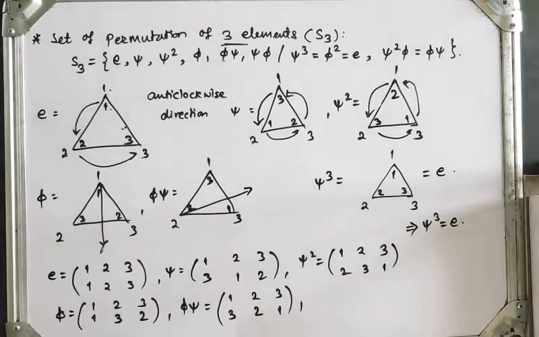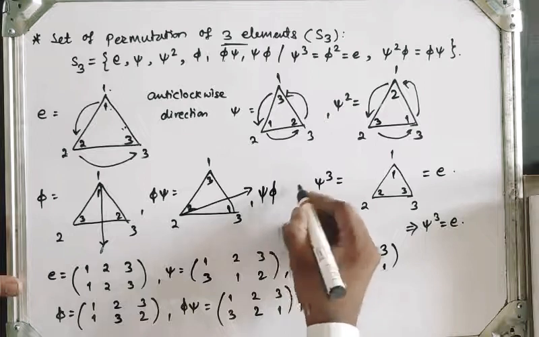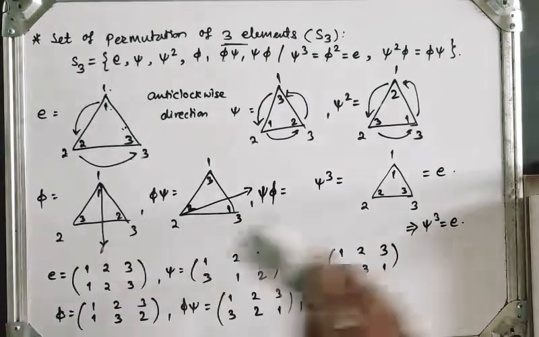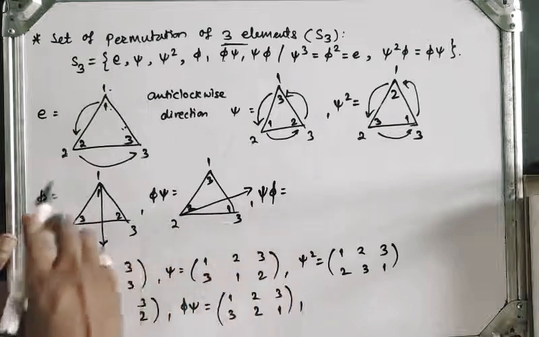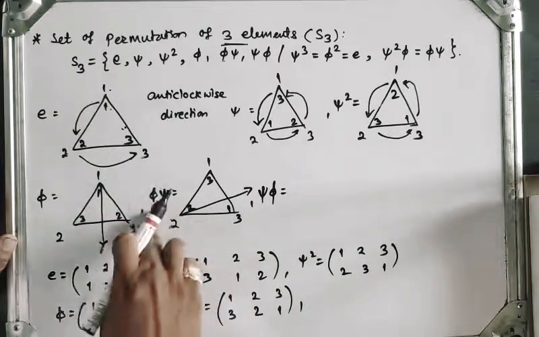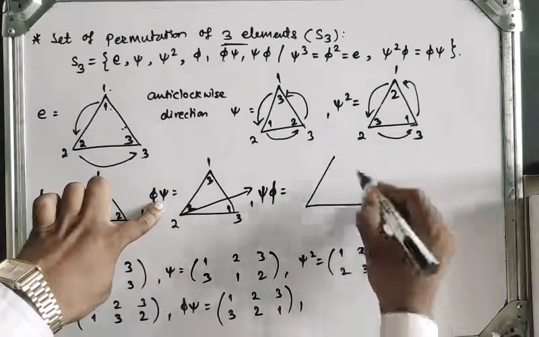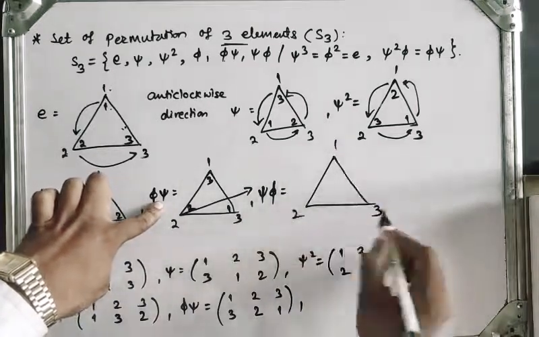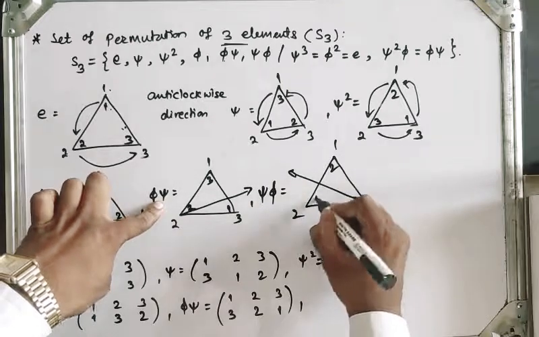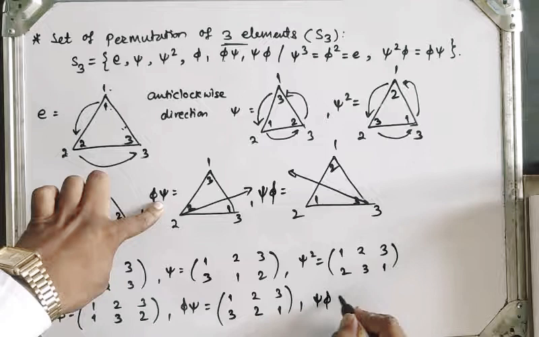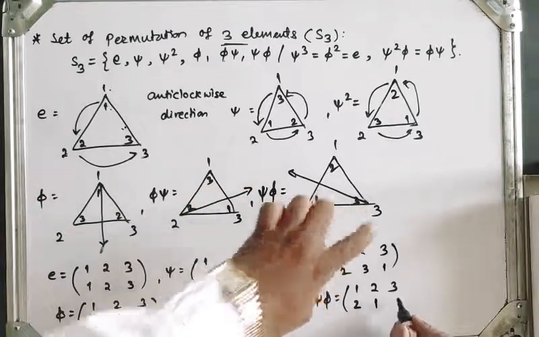The last element will be psi phi. In phi I put 1 as constant, in phi psi I put 2 as a constant, and now in psi phi I will put 3 as a constant and interchange 1 and 2. So psi phi is 1, 2, 3, where 1 goes to 2, 2 goes to 1, and 3 goes to 3.